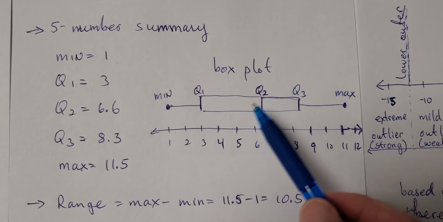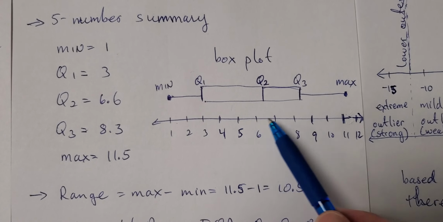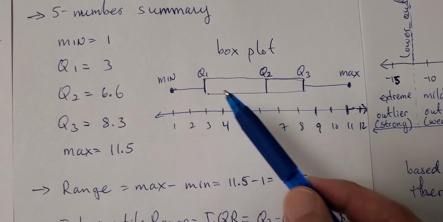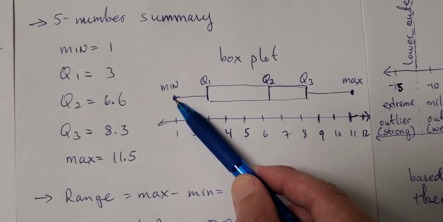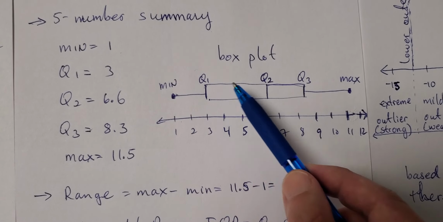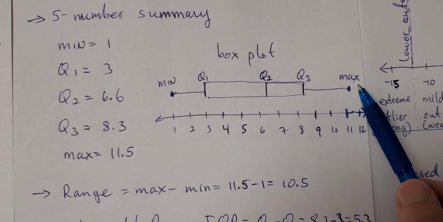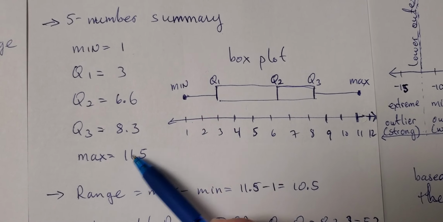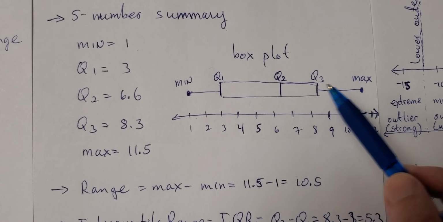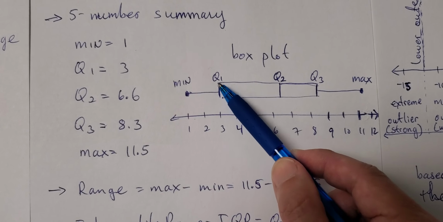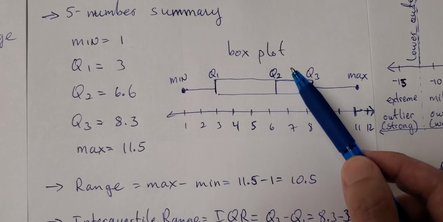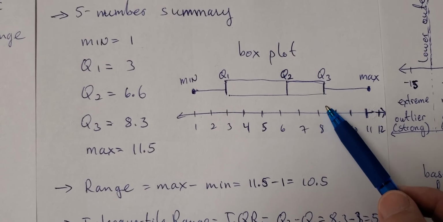To draw the box plot, draw the number line first, then label your minimum, Q1, Q2, Q3, and max. The minimum was 1, the maximum is 11.5, Q1 is 3, Q2 is 6.6, and Q3 is 8.3.